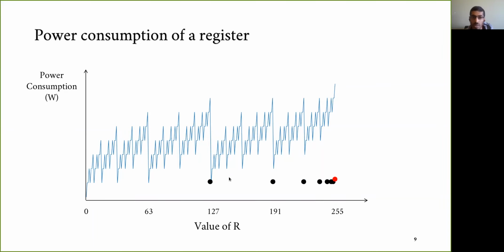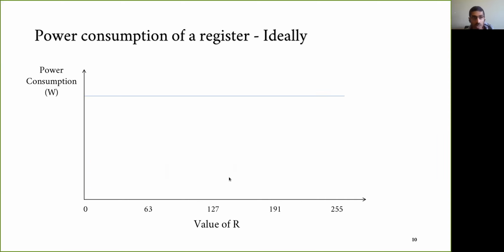So we can have an idea about what the actual value inside of the register is. But ideally, we don't want this. Our target should be to reduce this effect. We don't want this to be happening. We want this to be happening.